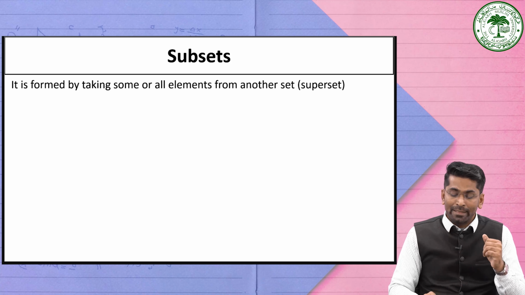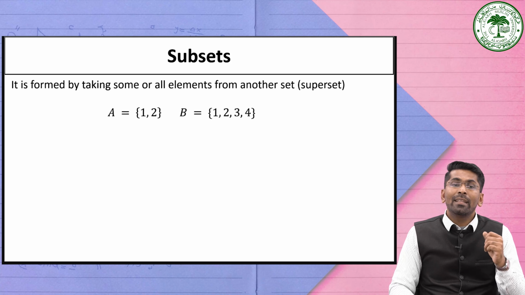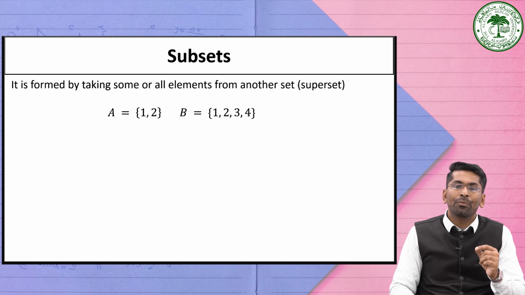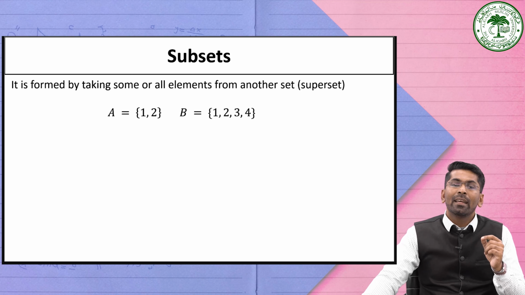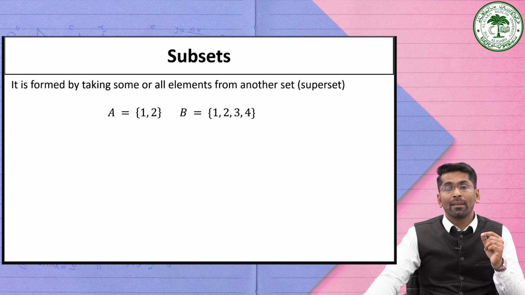Let us consider one example. Set A is equal to {1, 2} and set B is equal to {1, 2, 3, 4}. Here, A is a subset of B, because every element in set A, that is 1 and 2, is also an element in set B.